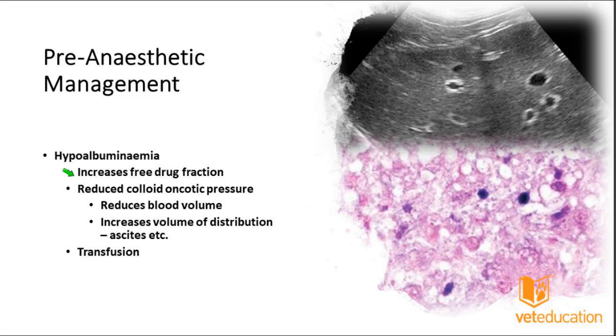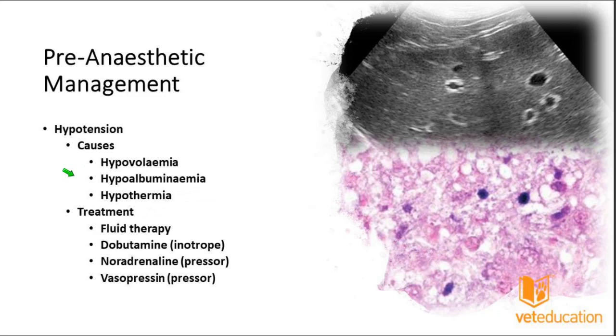What tests are, actually we'll talk about coagulation in a second. Hypotension is a real problem in these patients. The causes are hypovolemia from vomiting and diarrhea, but also hypoalbuminemia leading to fluid loss into third spaces like the abdominal cavity and the thoracic cavity. Many of these patients can be hypothermic, and they can suffer from quite significant vasodilatation as well.